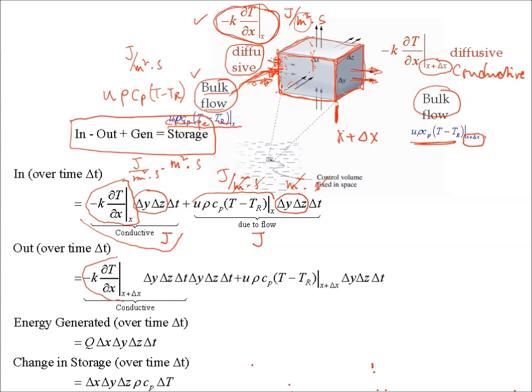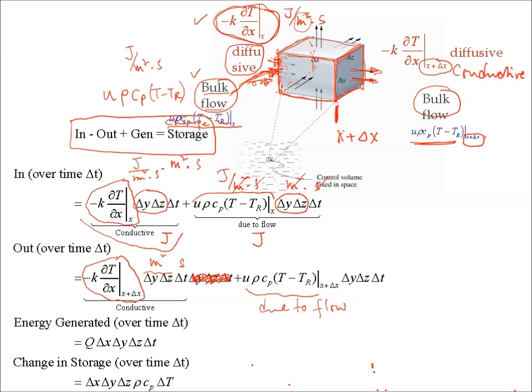So this is my flux at that phase times the area. This is a mistake here. This is the area in meter square and second, just like the in term. And then this is due to flow.